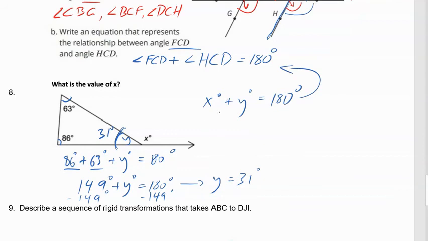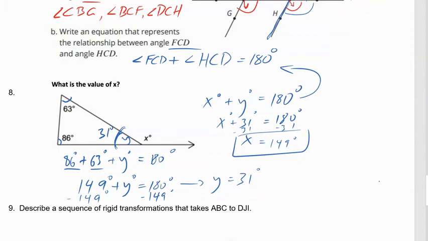So 31 degrees was for y. What's the missing piece? What do you get? 149. So that is how you find the missing angle.